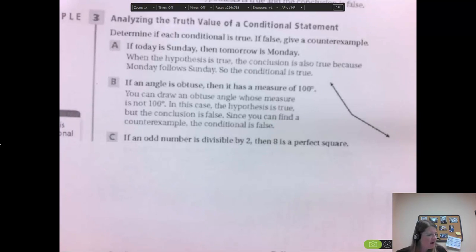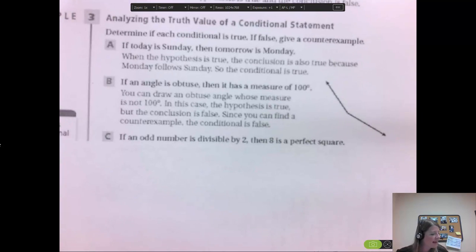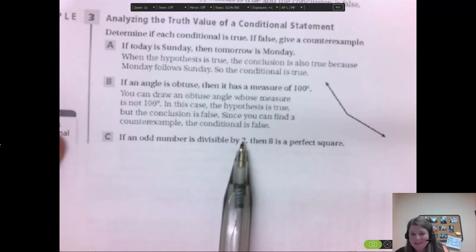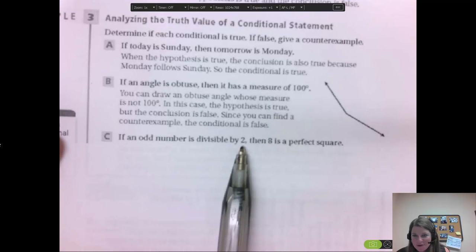If an odd number is divisible by 2, then 8 is a perfect square. If you look at that one, what do you think? If it's an odd number, is it divisible by 2? Well, no. If it's odd, it's not divisible by 2 evenly. It's going to give you a decimal.